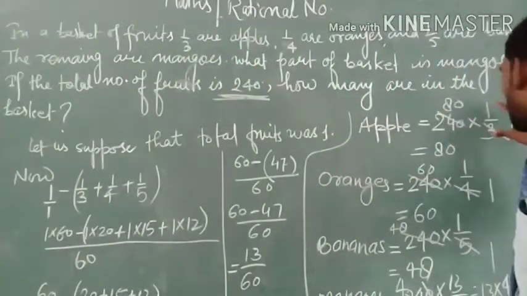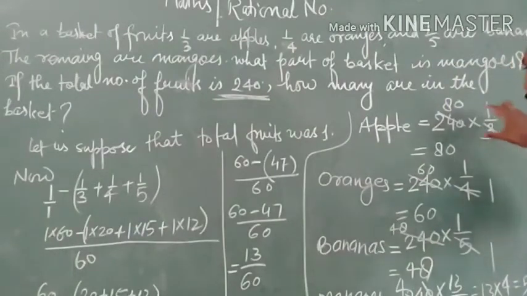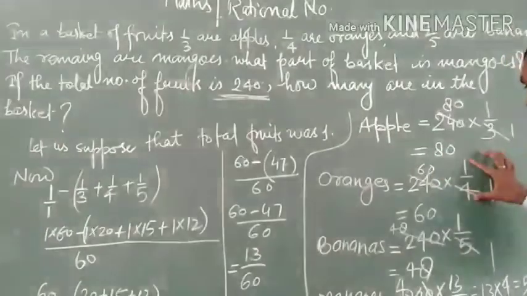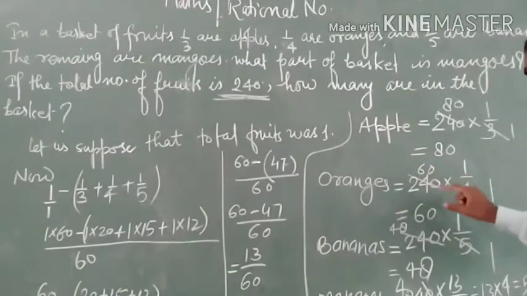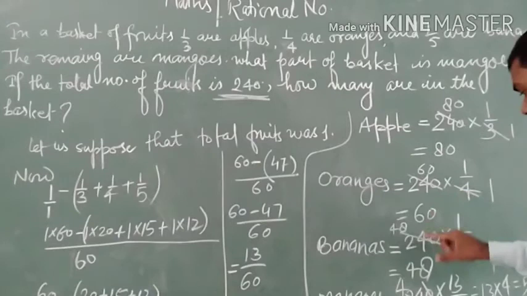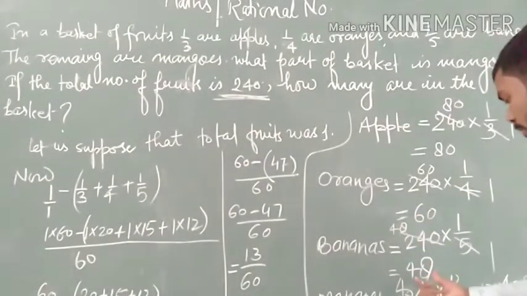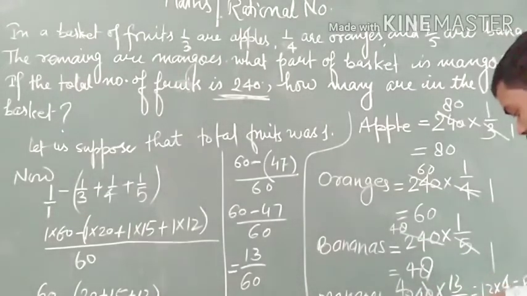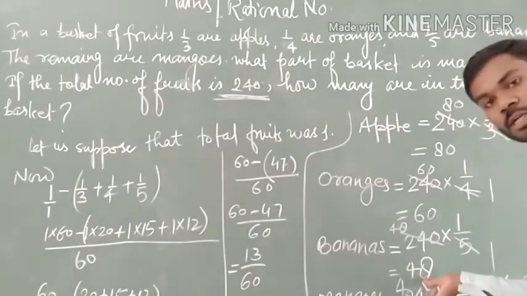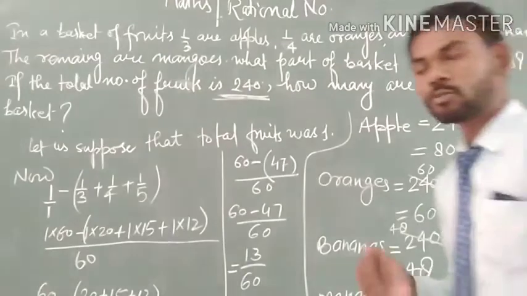So 1/3 of 240 is 80. 1/4 of 240 is 60. 1/5 of 240 is 48, and 13/60 of 240 is 52.